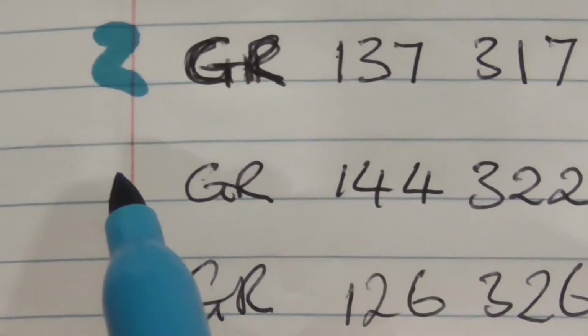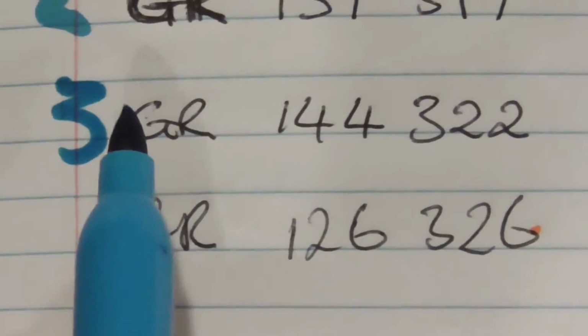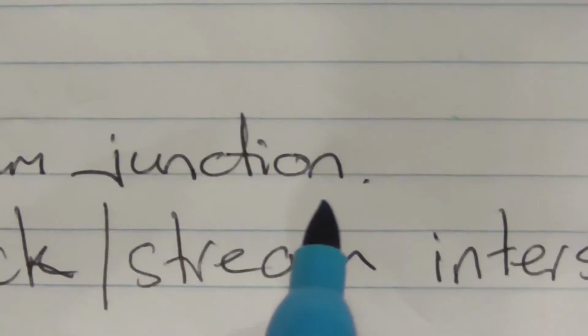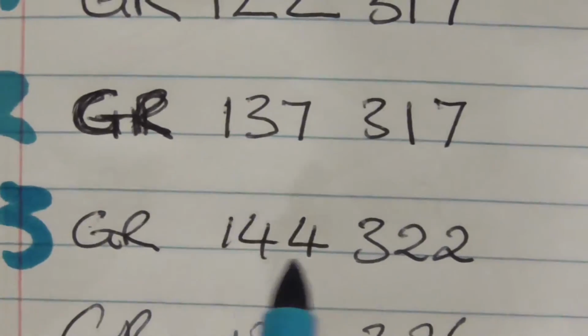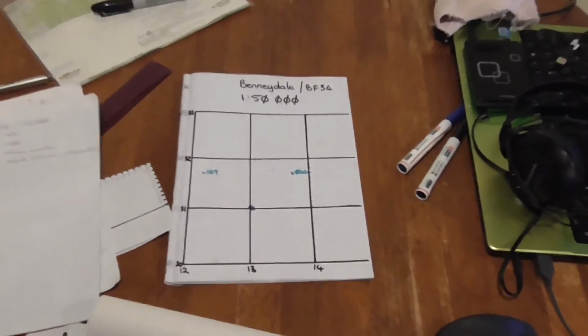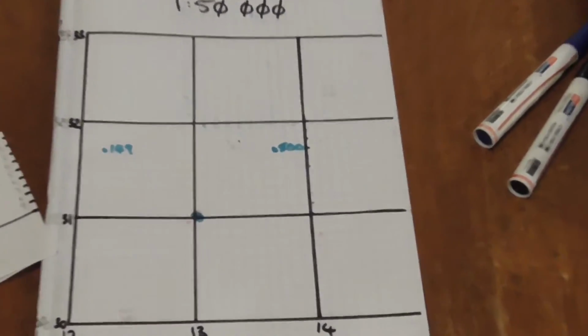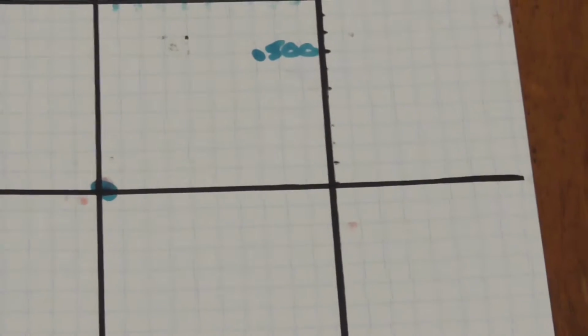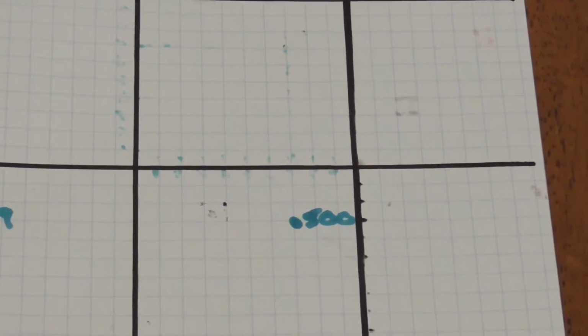Number 3 here. Grid reference 144322, stream junction. Okay, let's go and have a look for that. 144322. So we've got 14 down the bottom there. There's our 14. We go up to 1432.